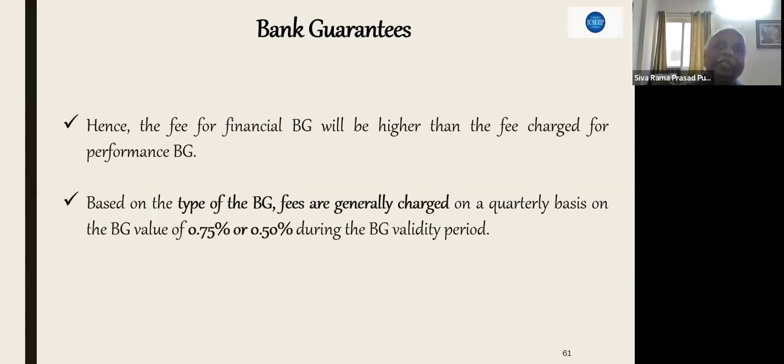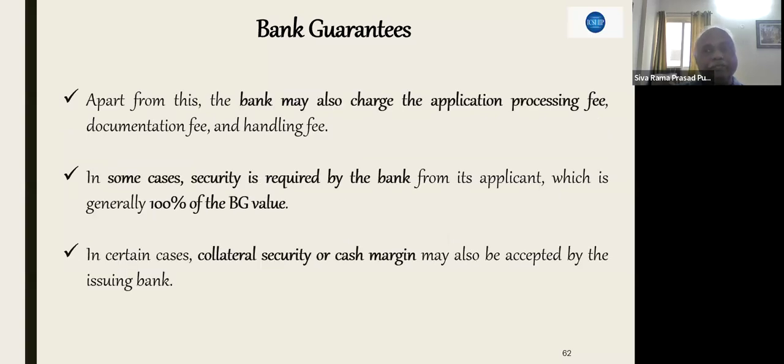The validity period is from the starting date of the BG to the expiry date. If a claim period is also there, that is also to be added. Apart from this, banks may also charge application processing fees to process the bank guarantee.